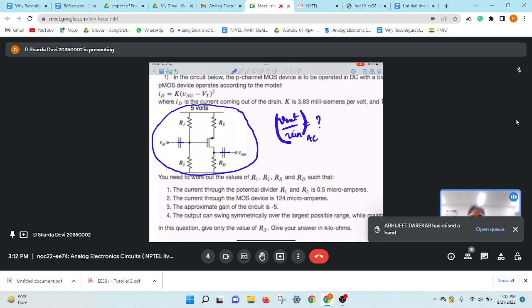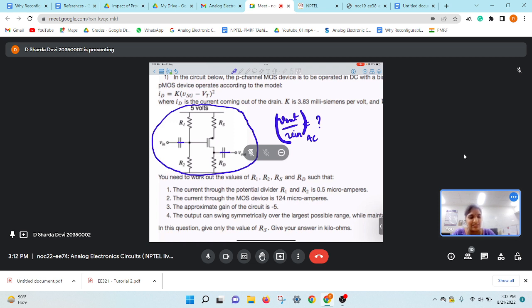Almost it is correct. There is one RS which should come in your gain that is missing. So try to look into it. Yes, ma'am. In denominator it is 1 plus GM RS. Okay, you got it. Yes. Let others solve. So we have 3 minutes more. And then if everybody gets it, then it's fine, or otherwise I'll quickly go through, then we can move ahead.